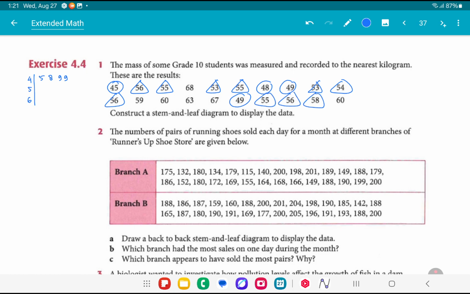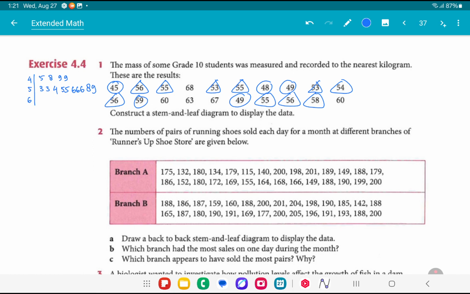So if we find the smallest number is 53 about 2 times, so we write down 3 2 times, and 54, and then 55 2 times, and then 56 about 3 times, 58, and the biggest one is 59.